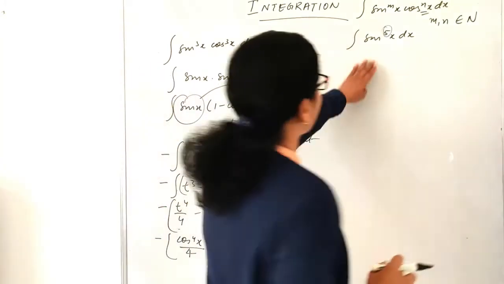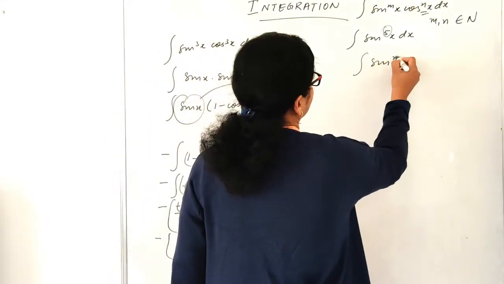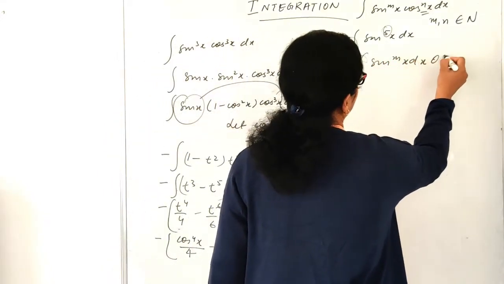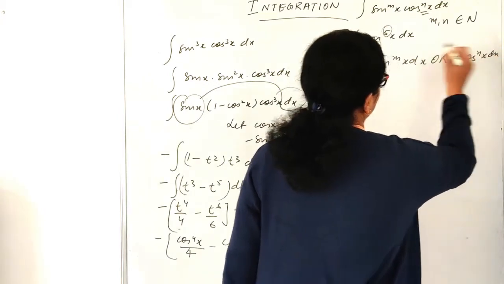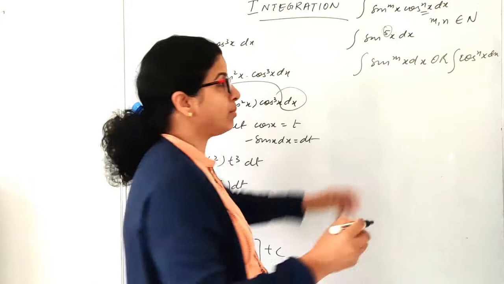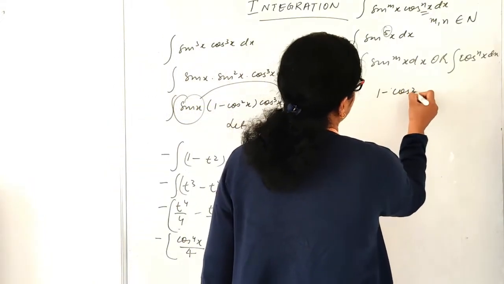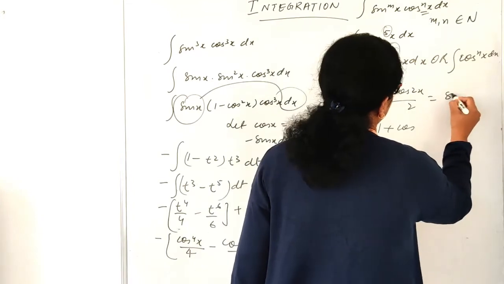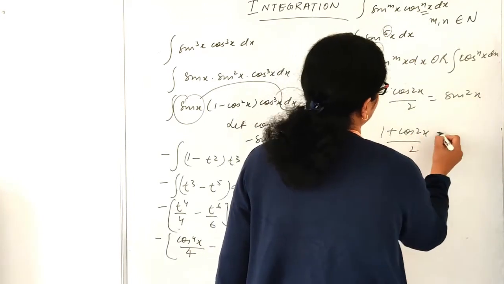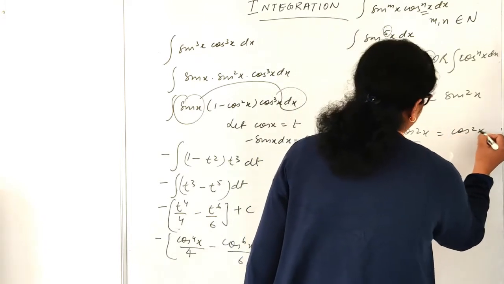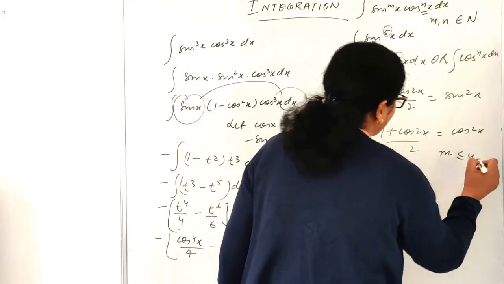Now let us check out this integration. Whenever I have an integrand of this kind, I told you these can be solved by using the formulas: 1 minus cos 2x upon 2 equals sin square x, and 1 plus cos 2x by 2 equals cos square x. These formulas were only applicable when m is less than or equal to 4.